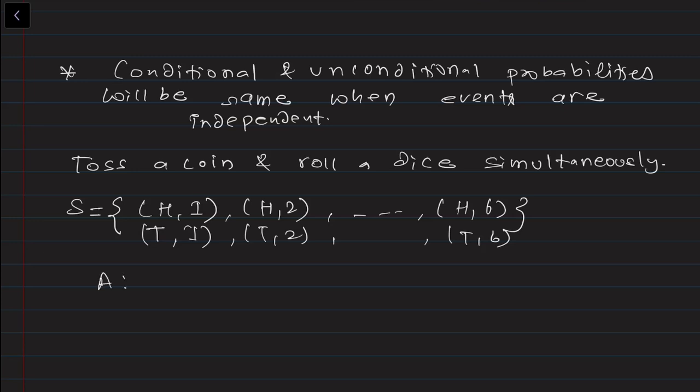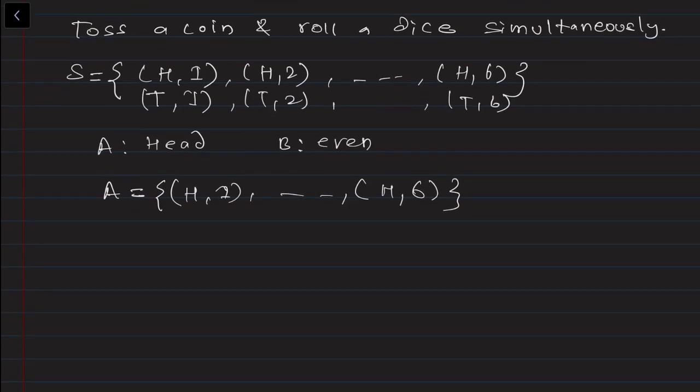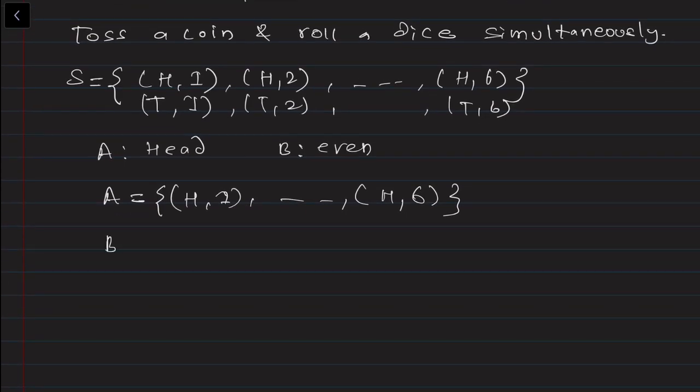Now suppose the event A is getting head and event B is getting an even number. So what is the set A? A is head can occur with either 1, 2, up to 6. Similarly, event B is getting an even number.